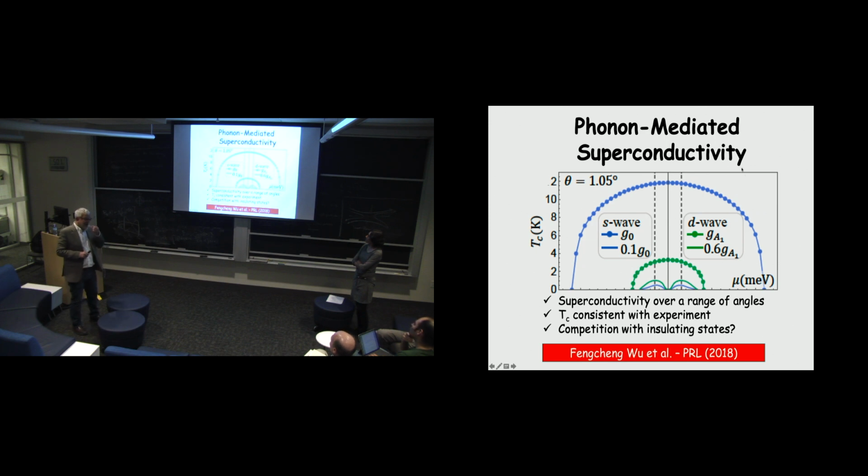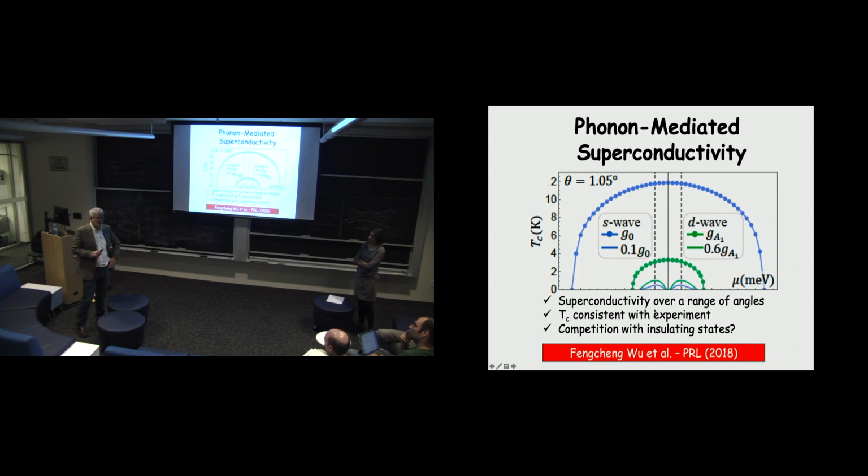And associated with that, it turns out that acoustic phonons have very strong interactions with the electrons in these flat bands. That's a mechanism that has been explored for superconductivity.